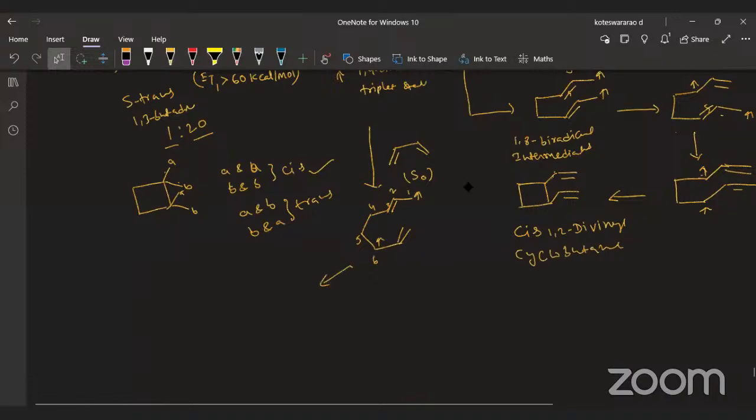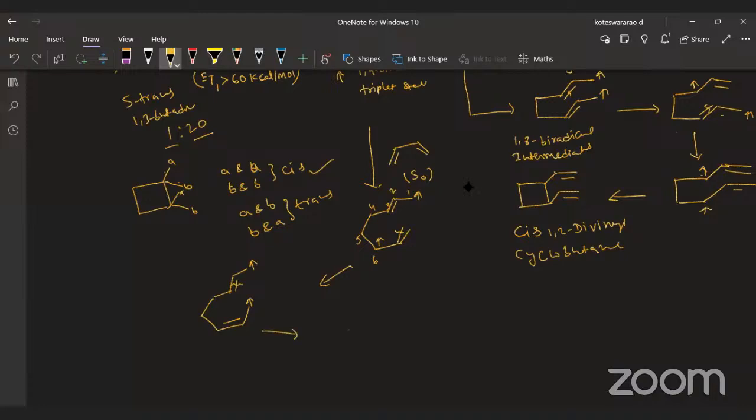Next it undergoes cleavage of this bond, then it leads to the formation of this bond. Here one electron is left, and again this bond undergoes homolytic cleavage.